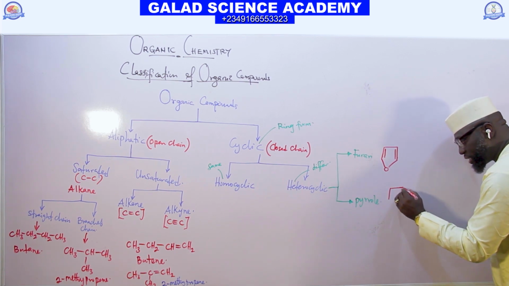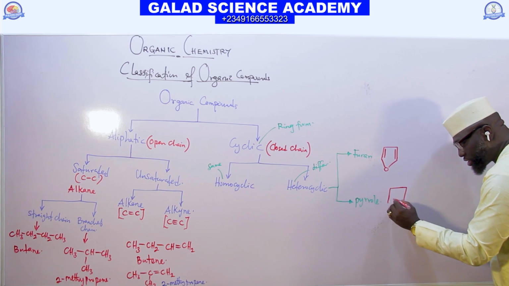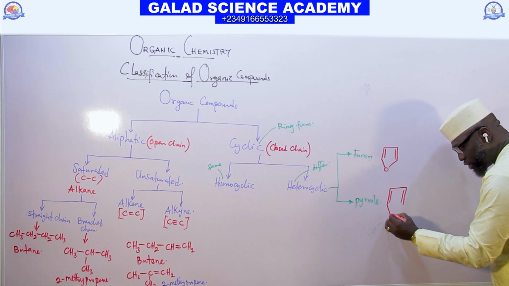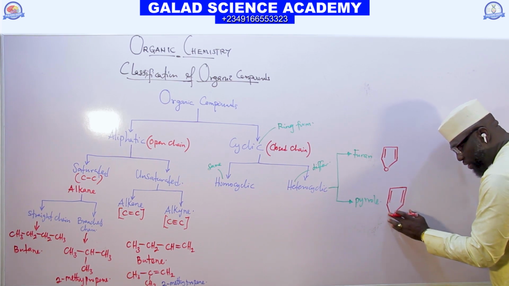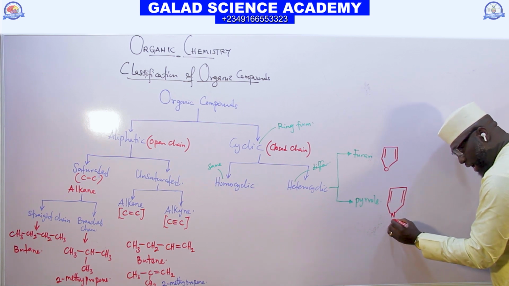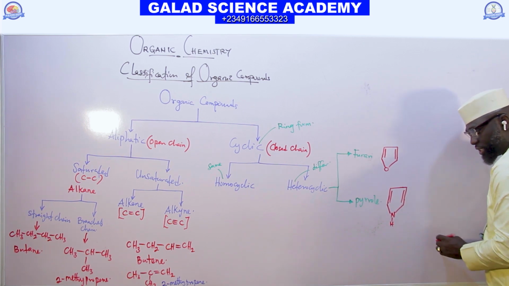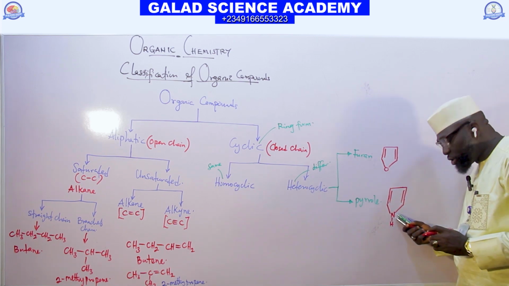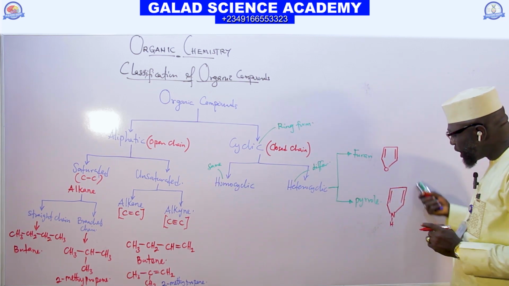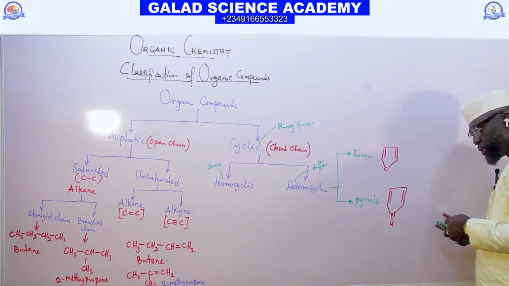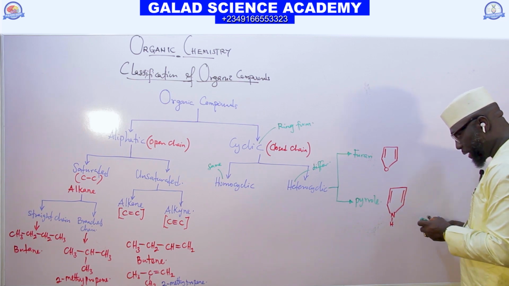Instead of having oxygen there, we have nitrogen here and hydrogen. So this is pyrrole. The presence of this nitrogen here makes this cyclic compound heterocyclic.